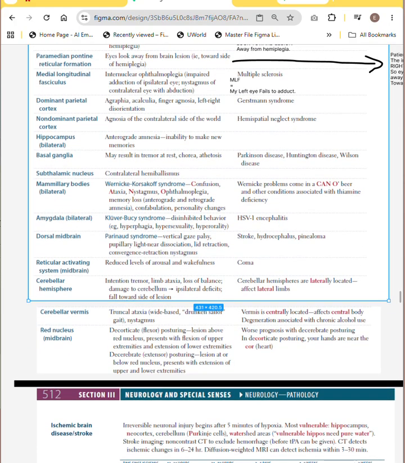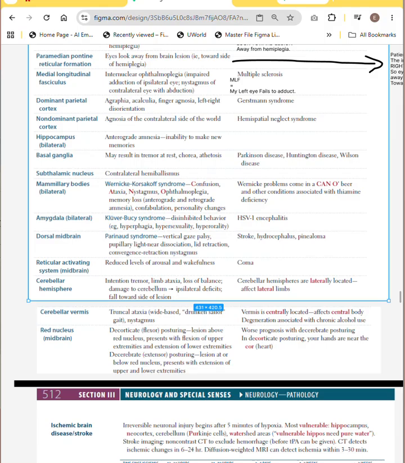Okay, moving on to the subthalamic nucleus. I remember telling you that the subthalamic nucleus releases glutamate, right? So glutamate is the excitatory neurotransmitter. The subthalamic nucleus sends these excitatory glutamatergic signals to the internal segment of the globus pallidus, right?